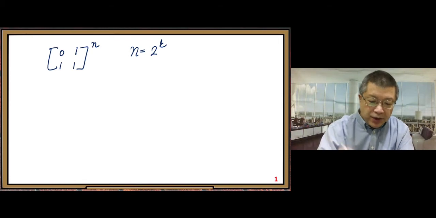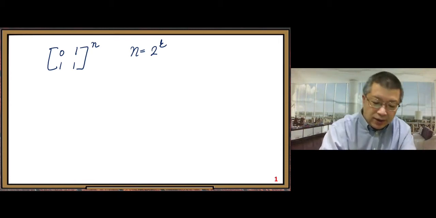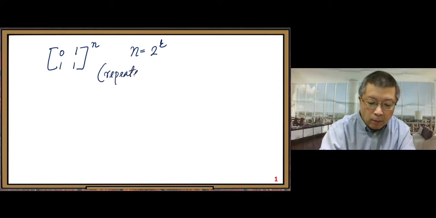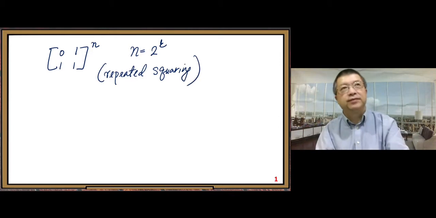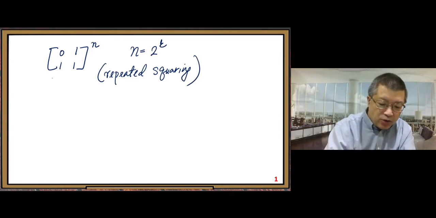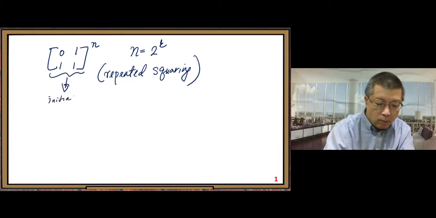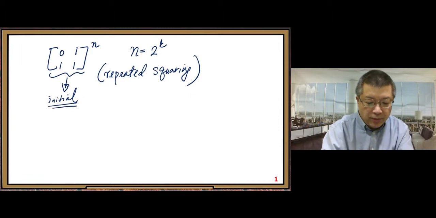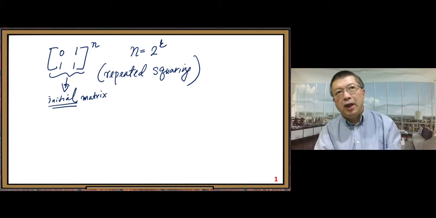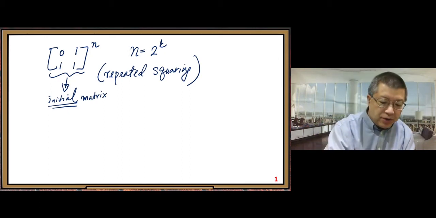When you do it, use the repeated squaring technique. So this is your initial matrix. Let me use M0 to represent it.